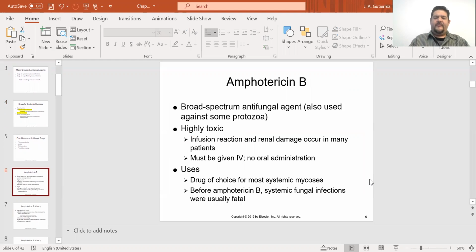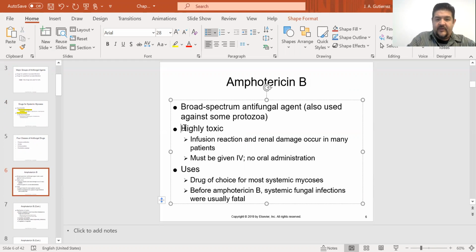So let's start with the first medication for systemic. This is for systemic fungal infections or systemic mycosis. The name is amphotericin B, and the first thing, highly toxic. Highly toxic. And it's funny because before amphotericin B, the other drugs that we had, well, they were usually fatal.